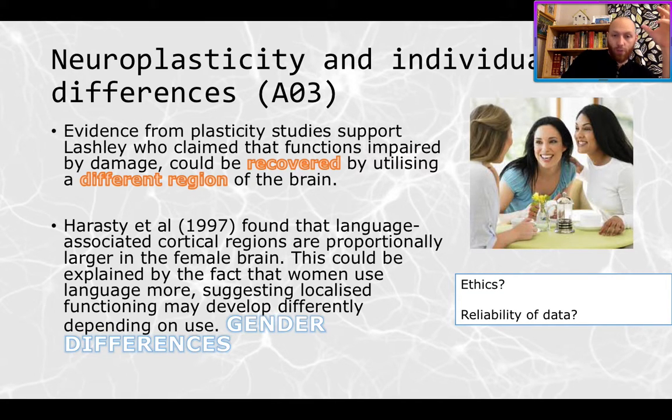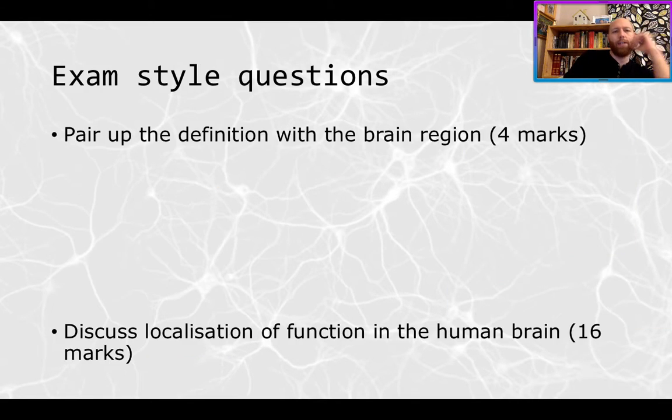Women use language much more than men. One point, just go back to the neuroplasticity though, one limitation of this is that neuroplasticity seems to be limited to age. So after about 27 years, the plasticity of your brain has reduced dramatically.